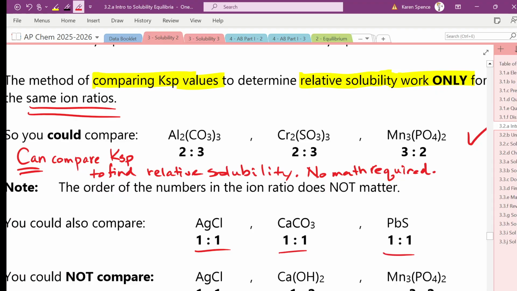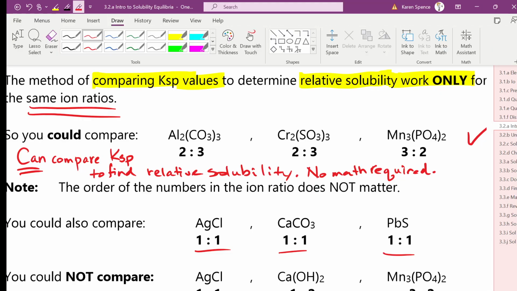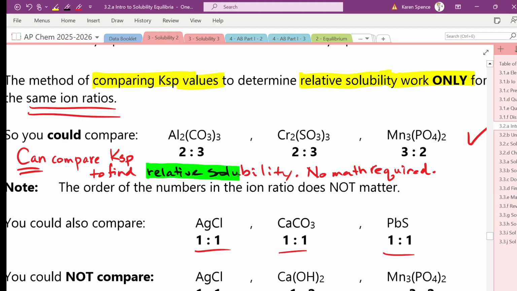Do you guys know what I mean when I say relative solubility? Tell your partner, what do I mean when I say relative solubility? What does relative solubility mean?